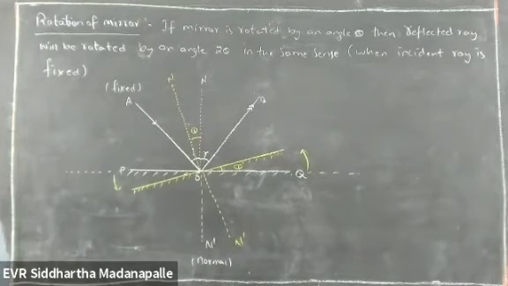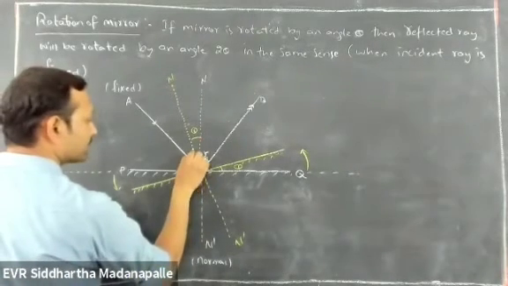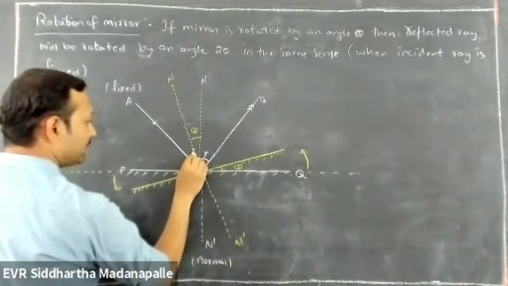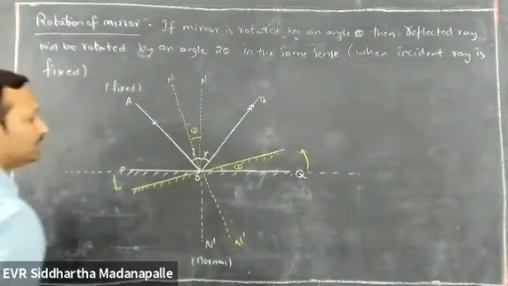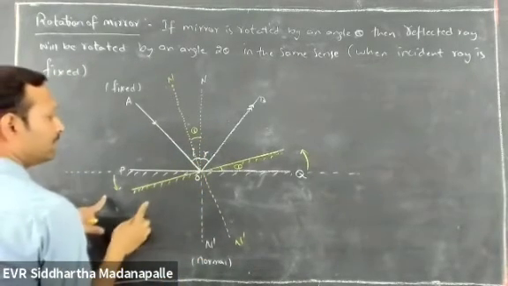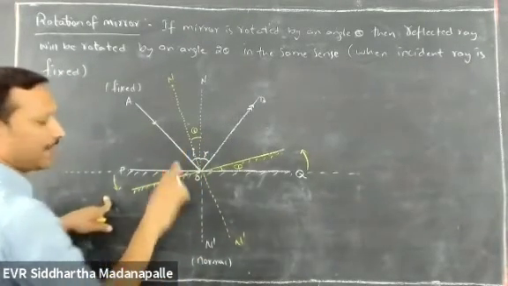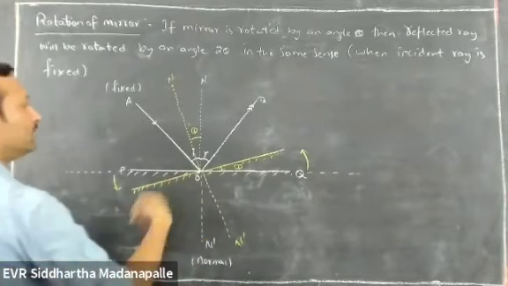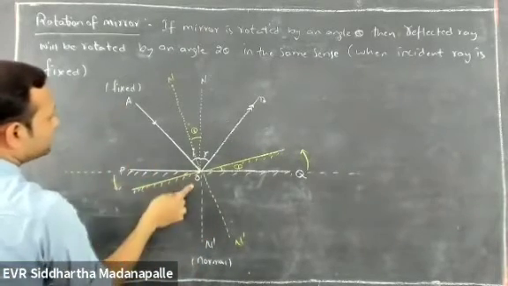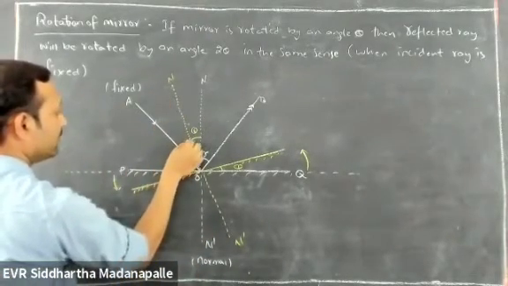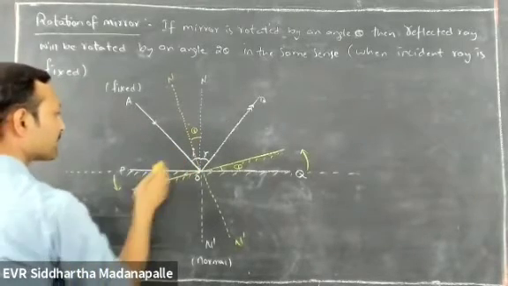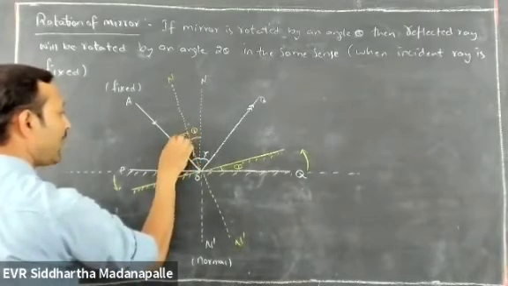Now what is the new angle of incidence? Means after rotating the mirror, what is the new angle of incidence? Before rotating the mirror, I is the angle of incidence. Now after rotation, the angle made by the incident ray with the normal is what we have to take as the angle of incidence. So what will be the new angle of incidence?